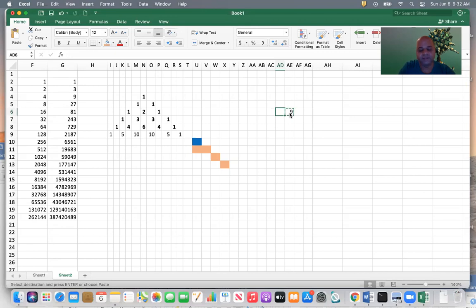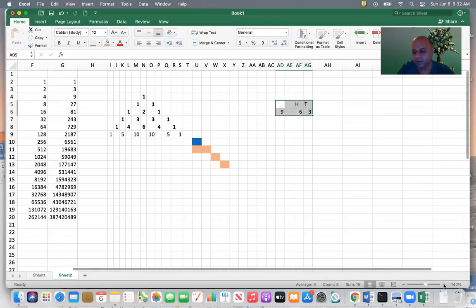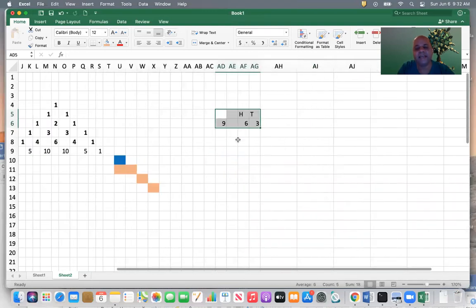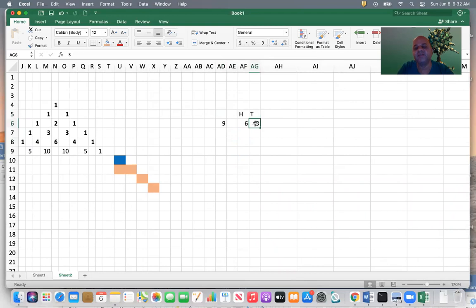Total number of coins is 9 and 6 are heads and 3 are tails. H and T. Are you getting this? Yes, sir. I will increase the zoom here. Yeah, total 9 coins, 6 of them were heads and 3 of them were tails.